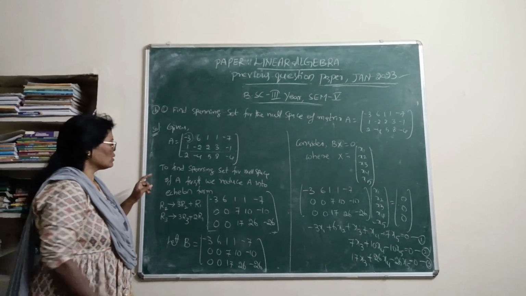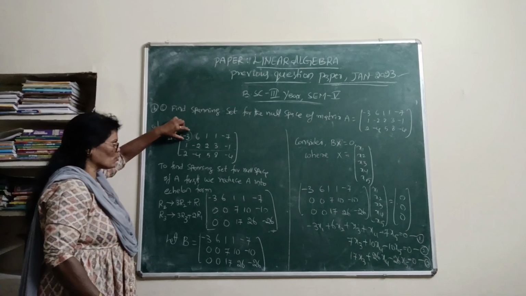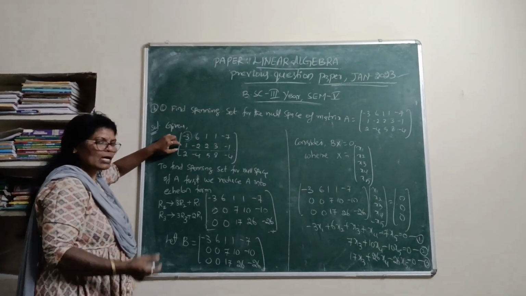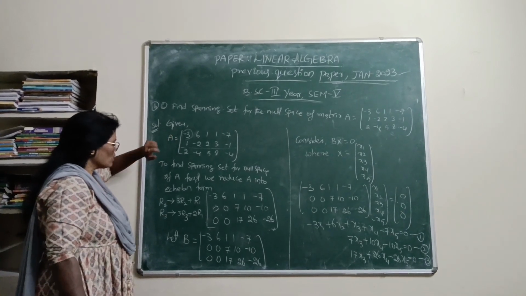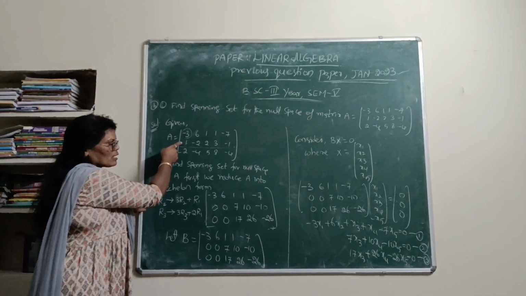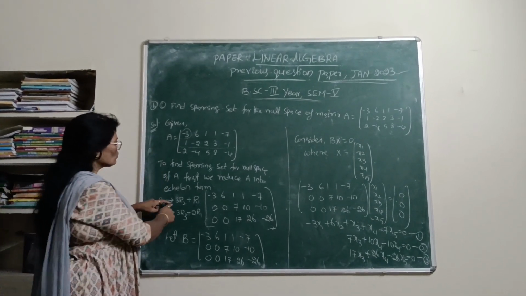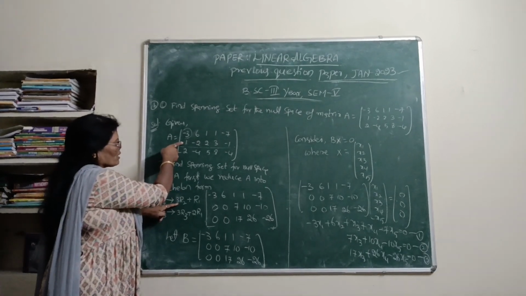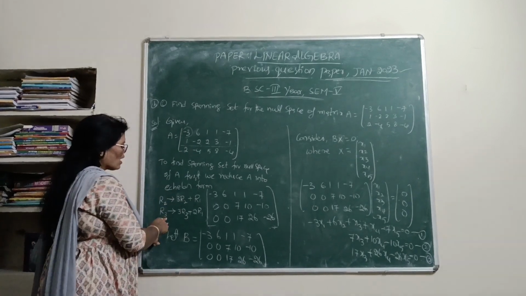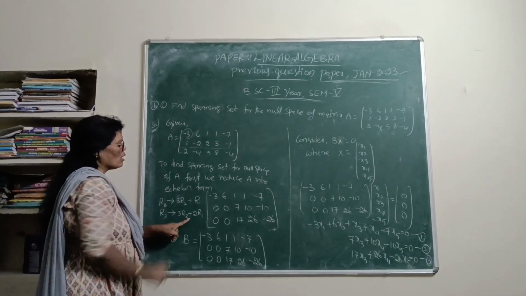Using the first element of the first row, we need to make the corresponding elements below it zeros. So I am changing R2 and R3, where R2 is the second row and R3 is the third row. R2 becomes 3R2 plus R1, and R3 becomes 3R3 plus 2R1.